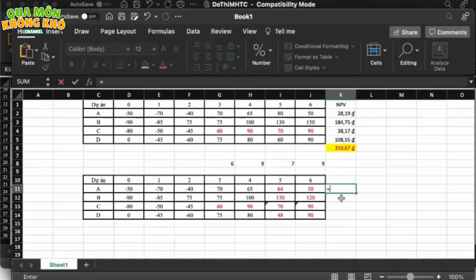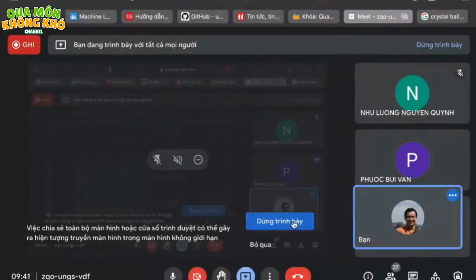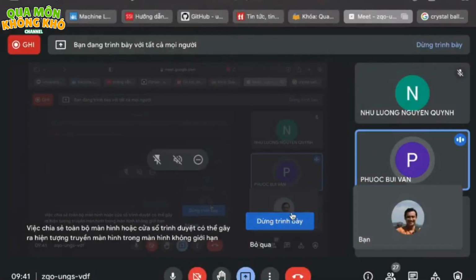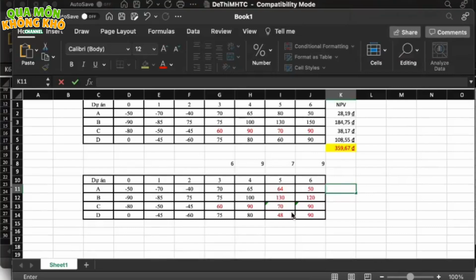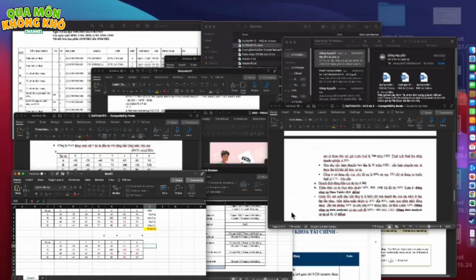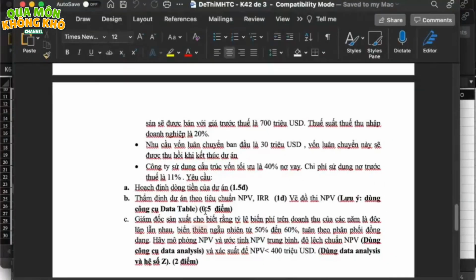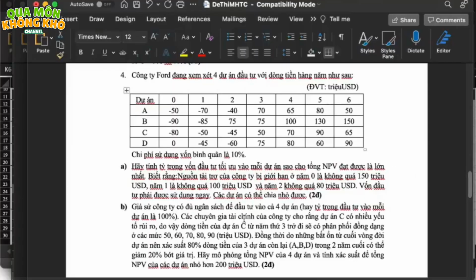Teacher, sorry, can I ask you a question about the IF function? I read the title, it says the cash flow reduction happens with 80% probability.